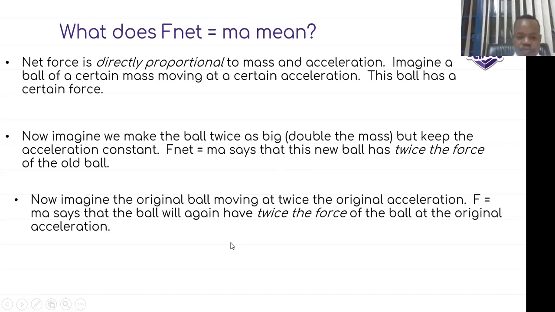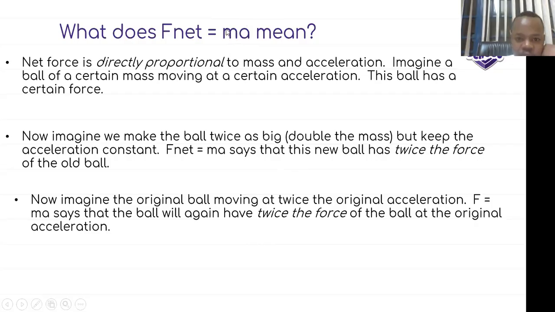What would happen if you take that same ball and you double the mass, but you keep the acceleration constant? Remember, in our previous example, the mass was 2 kilograms and the acceleration was 2 meters per second squared.